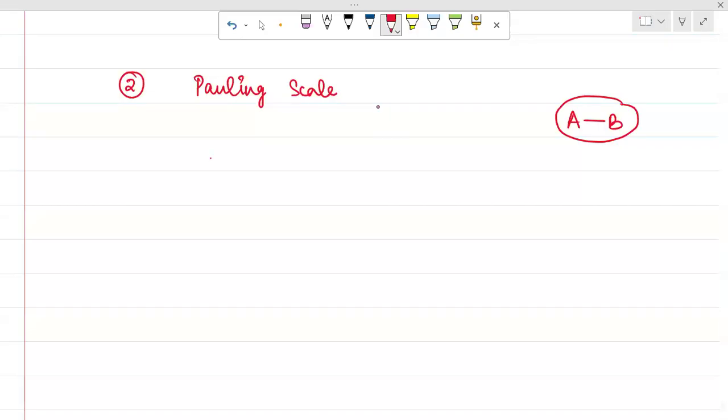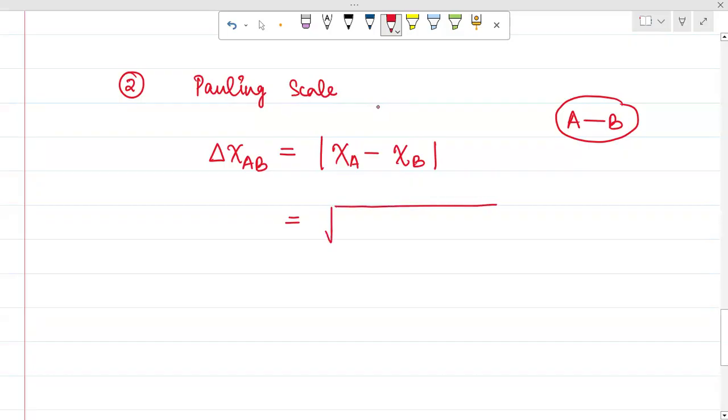What it says is the difference in electronegativity of AB is modulus of electronegativity of A minus electronegativity of B. Very easy. But there is an added equation. This is equal to, pay attention, root of bond dissociation energy of AB minus root of bond dissociation energy of AA into BB. Please note it down.